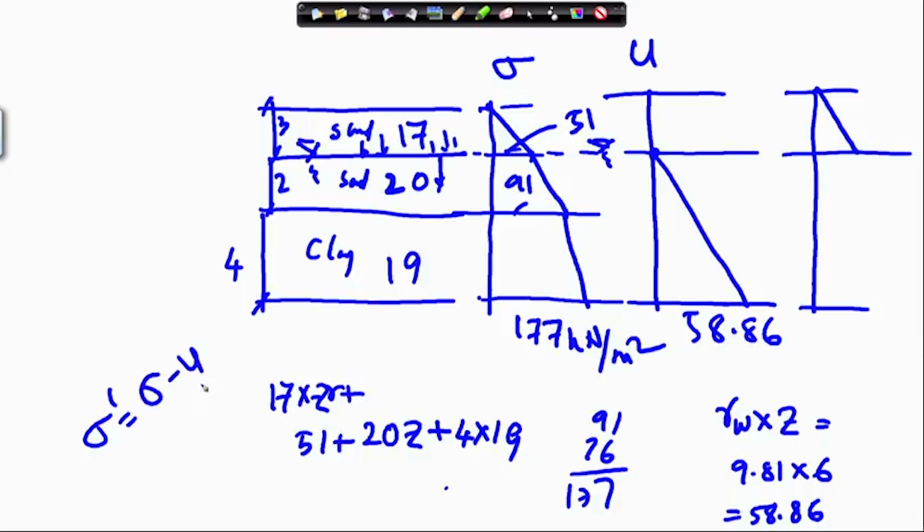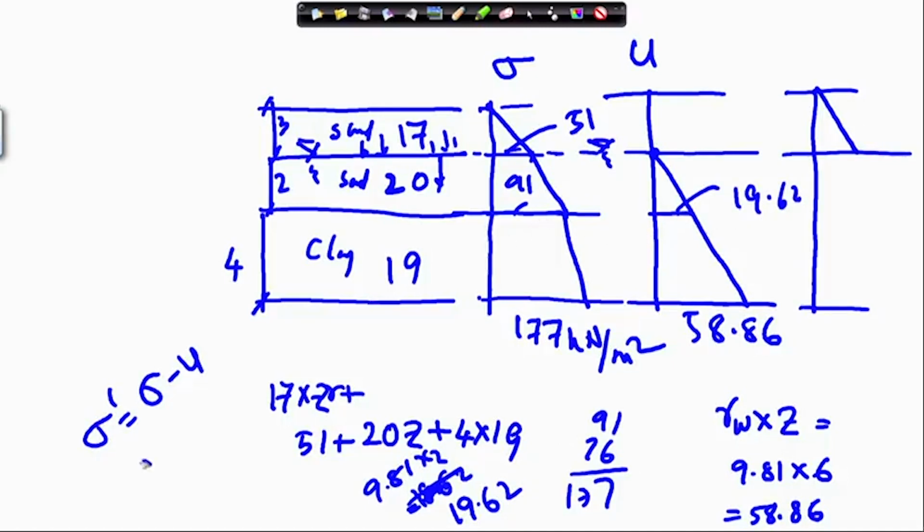At this level the value is 91, and u is 9.81 into 2, that means 19.62.